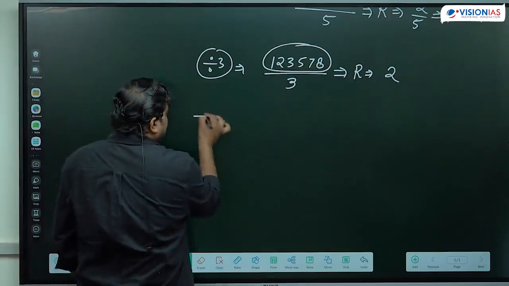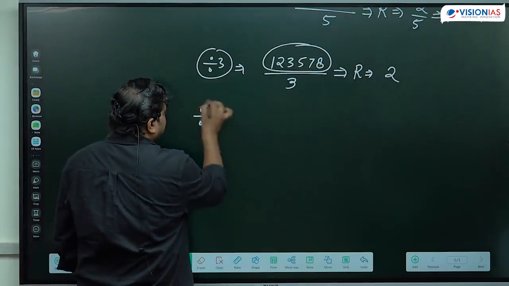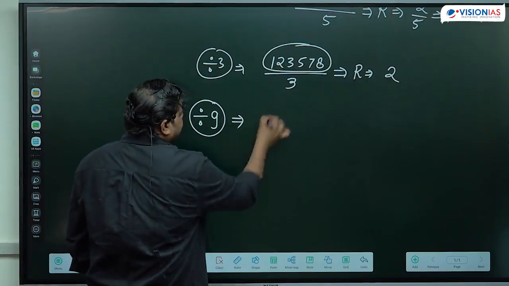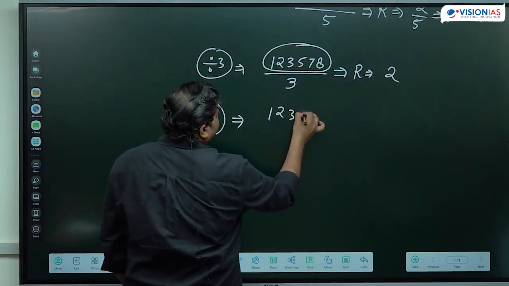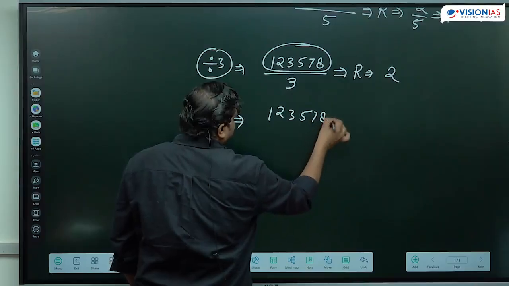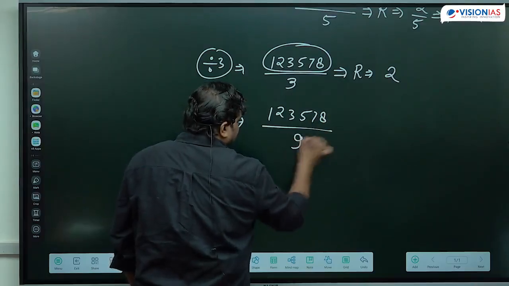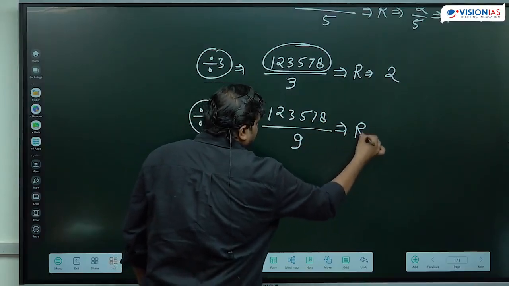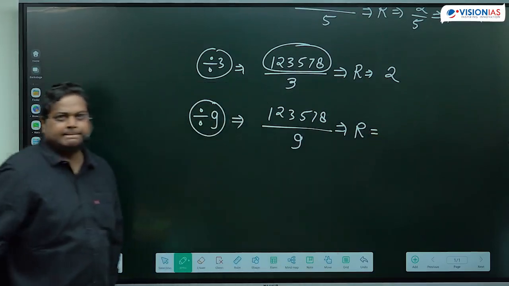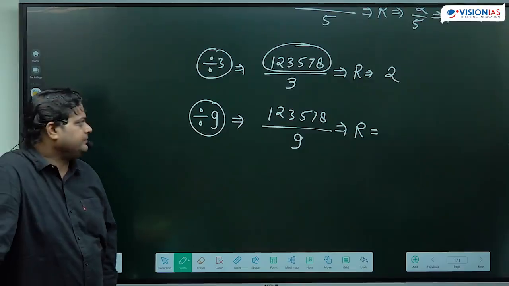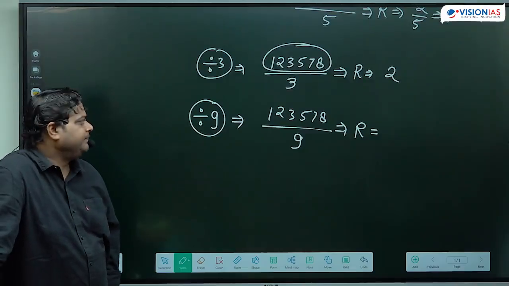The same way we can apply the same logic for 9, 3, 5, 7, 8. If we divide by 9, what remainder we are going to get? 8 आ रहा है.